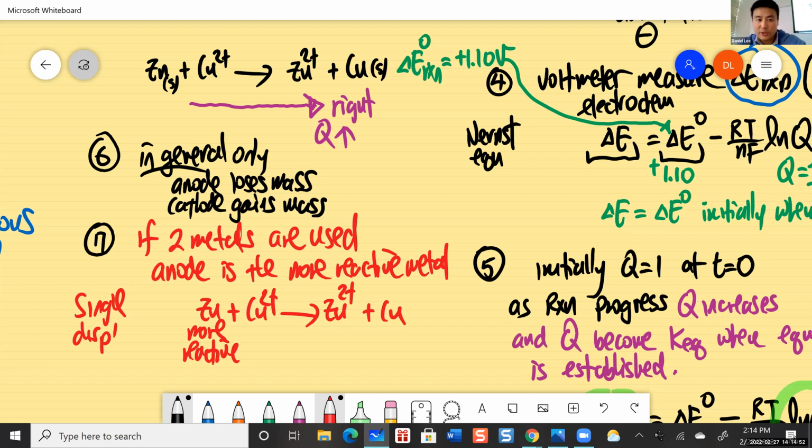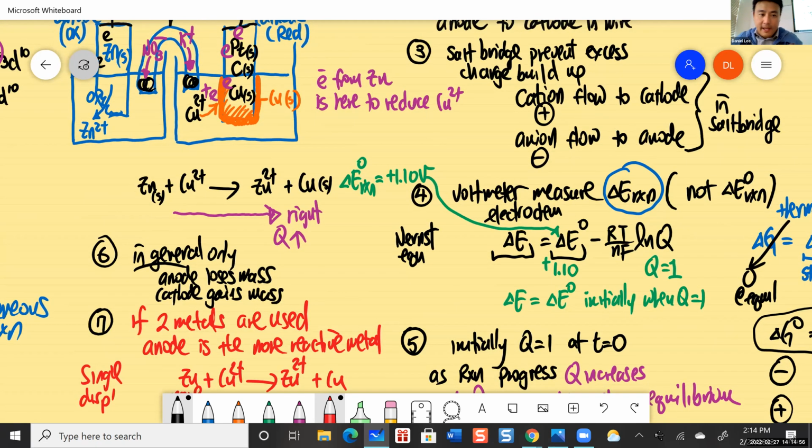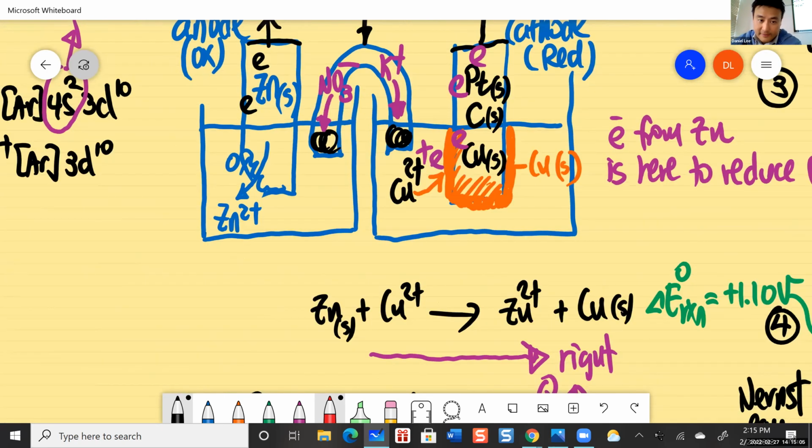So that is also something to take away from these reactions. Okay, and one last thing here. Initially, Q has to equal 1. This means I would have to have the zinc 2 plus concentration initially equal to 1. Even though I don't need zinc, I need to have 1 molar in this left beaker.